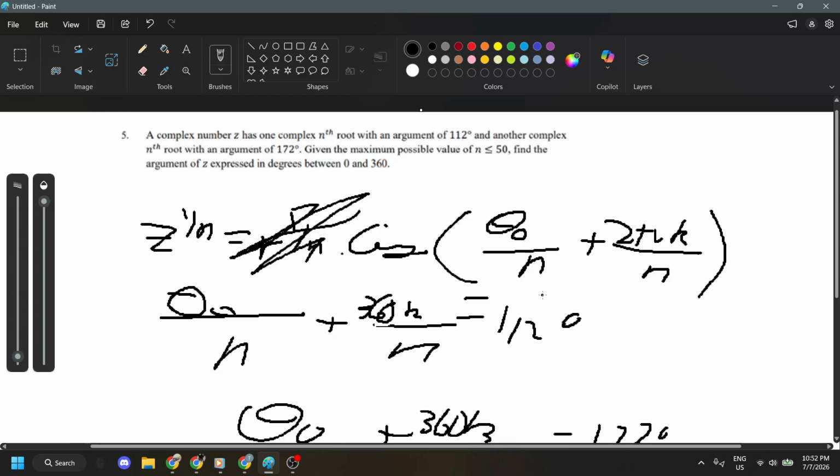Okay, so what do we need? There are conditions we need. 112 has to be expressed by an offset of 360k plus theta.